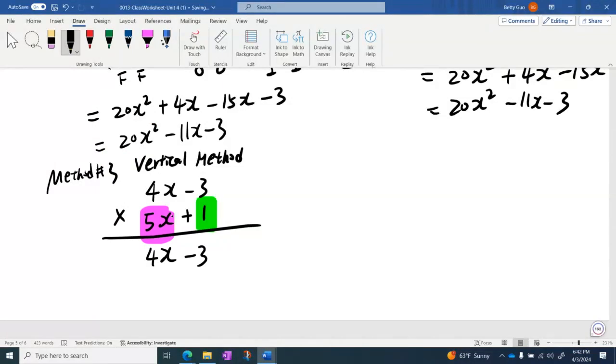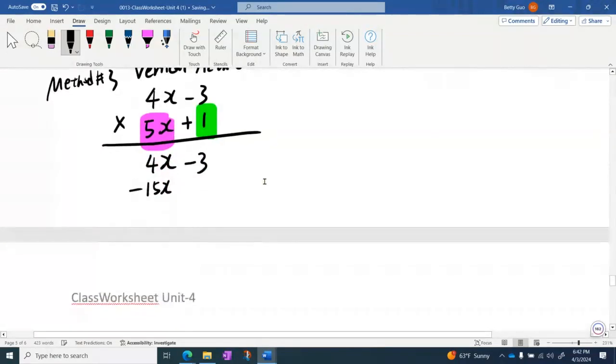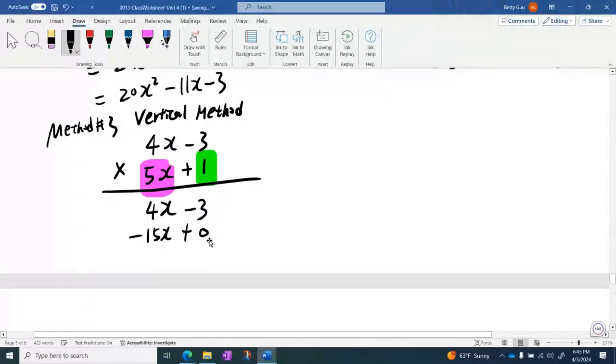So 5x times negative 3 is negative 15x. You put a 0 here. Remember, when you multiply 2 numbers, same thing, right? 5x times negative 3, negative 15x. 5x times 4x, 20x squared.